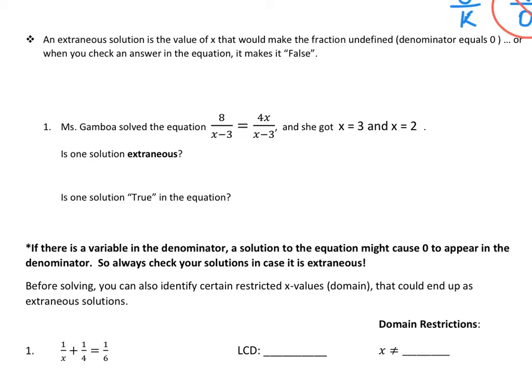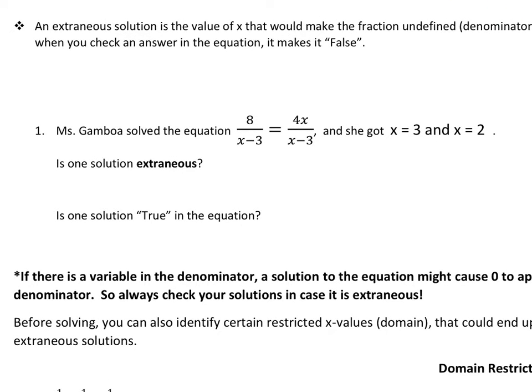So is one of them extraneous? Here's how to test. Now, you don't always know which one to try first, but I'm going to show you which one ends up being extraneous. Say I was going to take x equals 3 first and plug it in. Anywhere I see an x, I'm going to replace it with that 3. The rest of the equation is the same. 4x means we're going to be multiplying by that value, so x is 3, 4 times 3.